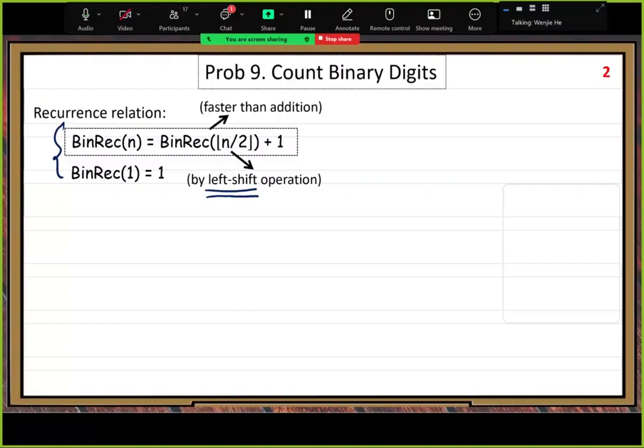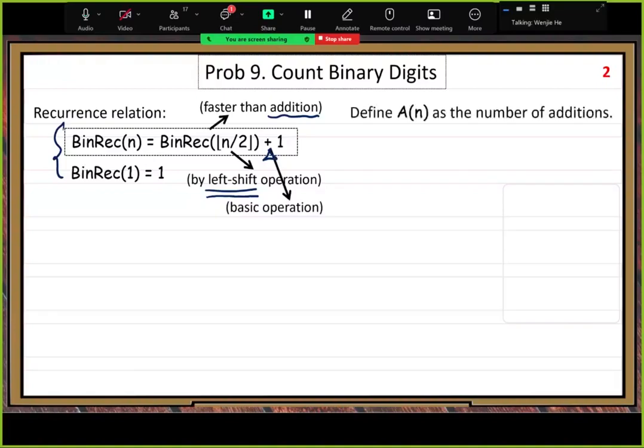Addition is slower. So when we do the counting, let's count the number of additions. We treat addition as the basic operation.